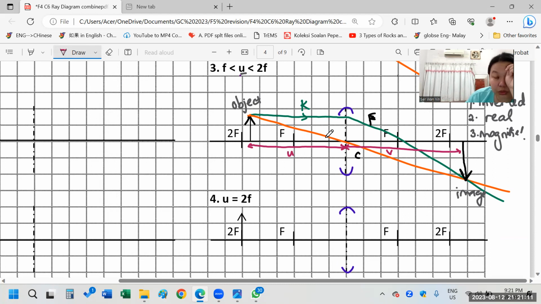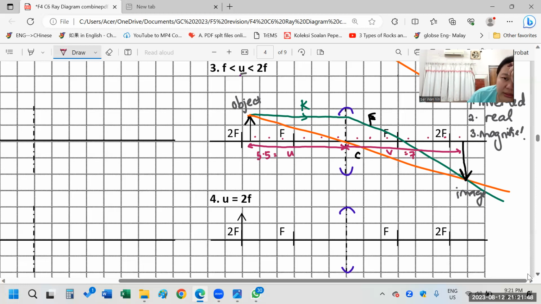U and v also affect the size. You can see u is 1, 2, 3, 4, 5.5 units. Then v will be 1, 2, 3, 4, 5, 6, around 7. So if u is longer, the object is larger. Both of them are in the same ratio.